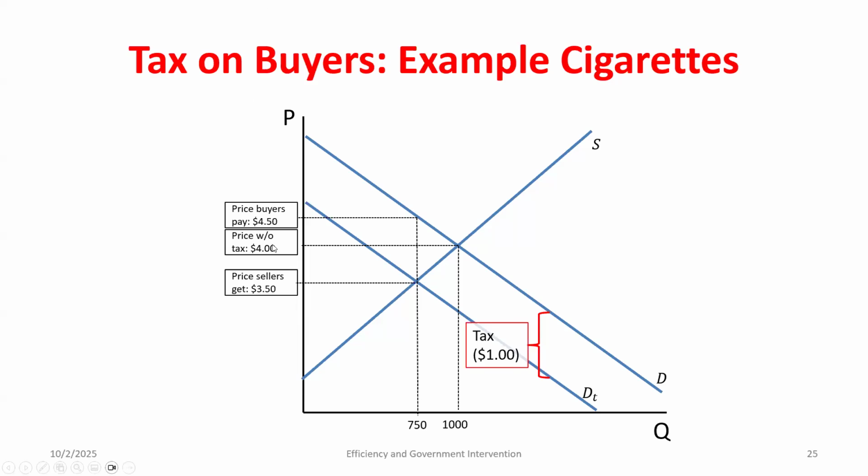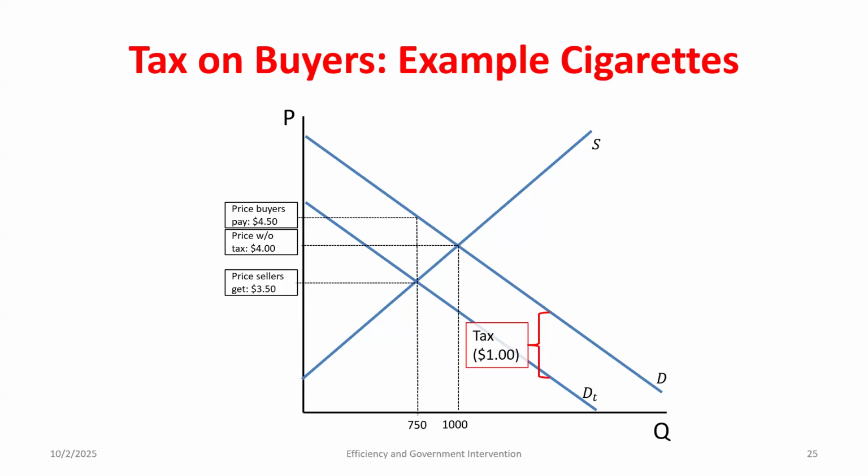So this new price, if we tax consumers, will be the price that sellers keep, but how much do consumers pay? That amount plus the tax they have to give to the government. So we would go up to the difference between our demand curve and our demand curve minus the tax, right? Because our demand is a benefit, so a tax is like a negative benefit, so it's going to go down.